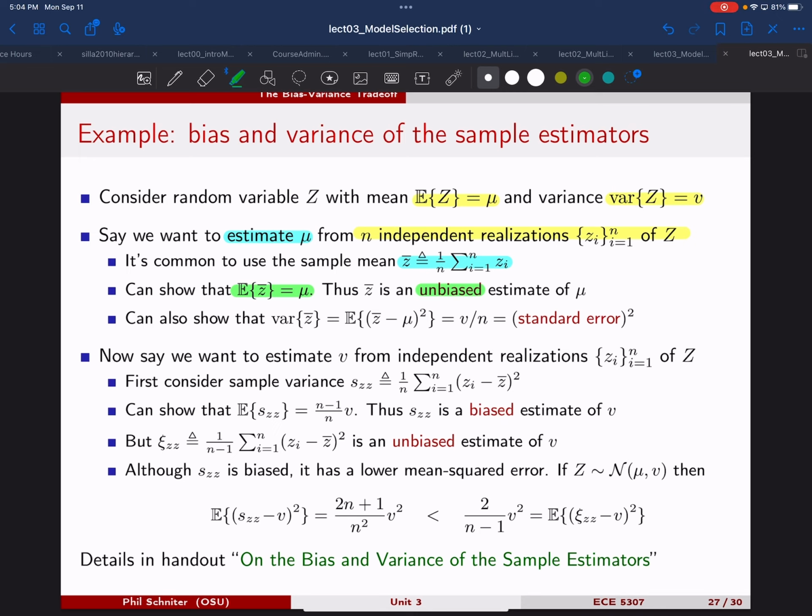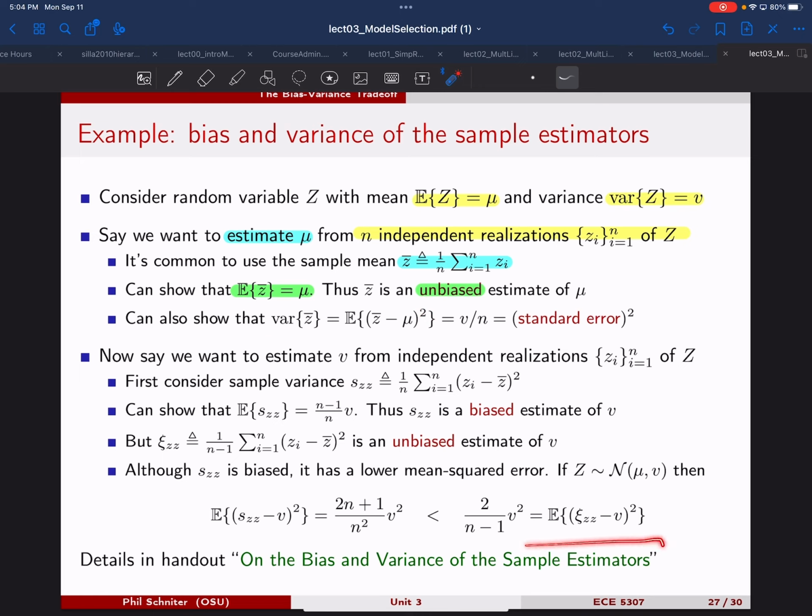Now you might say, all right, I know they're correct on average, but I know they're never correct individually. So how good are they? One thing you can look at is the variance, which is the average squared deviation between z bar and the truth. This is the variance on z bar.